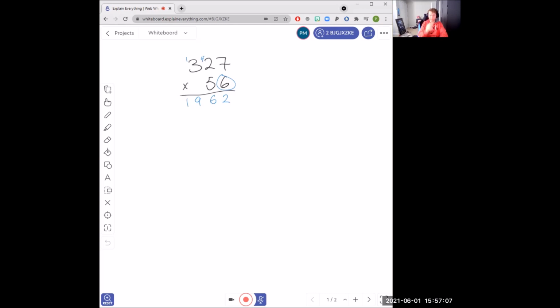Now I'm going to do this again in red for the 5. So what I do is 7 times 5, except it's actually 7 times 50. To help with this, I'm going to write a 0 at the end. That's just taking up the ones place, because we're not multiplying 5 by 7, we're multiplying the 50 by 7. We'll talk more about why I don't like this in a second.